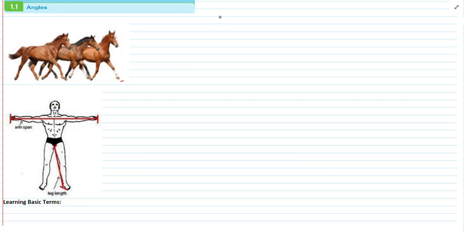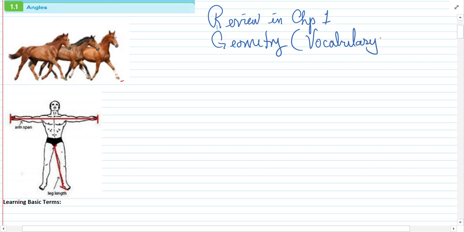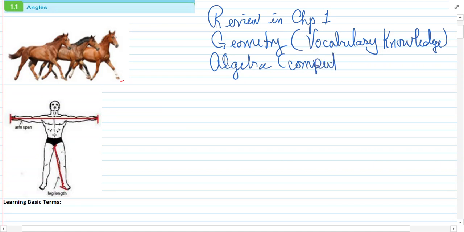What we'll be doing is some review in Chapter 1, of geometry mainly, and that's to have vocabulary clarity, and some algebra for computation, recall, on how to approach problem solving.